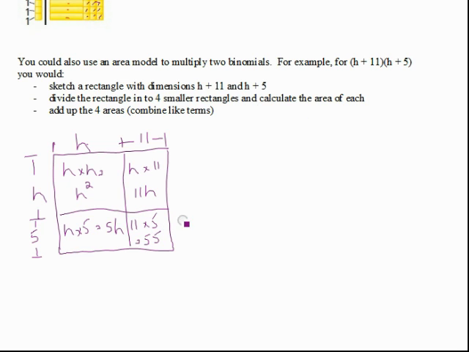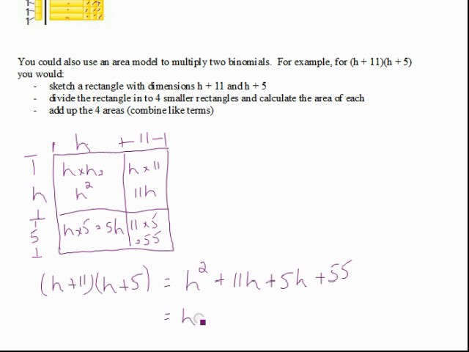So h plus 11 times h plus 5 equals h squared plus 11h plus 5h plus 55. When we combine like terms, this simplifies to h squared plus 16h plus 55. So h plus 11 times h plus 5 equals h squared plus 16h plus 55.